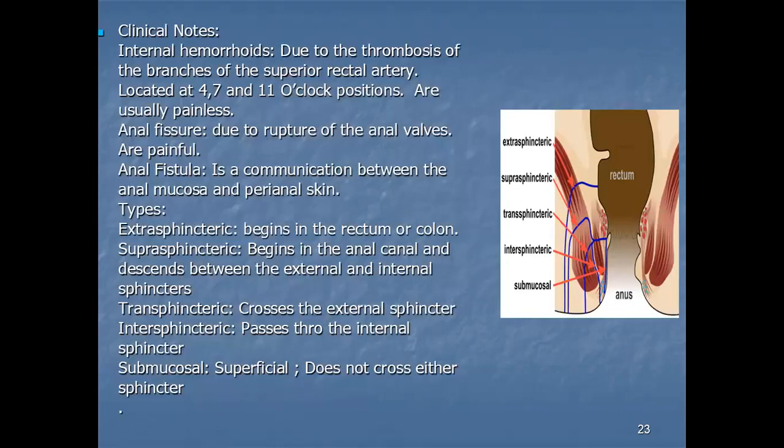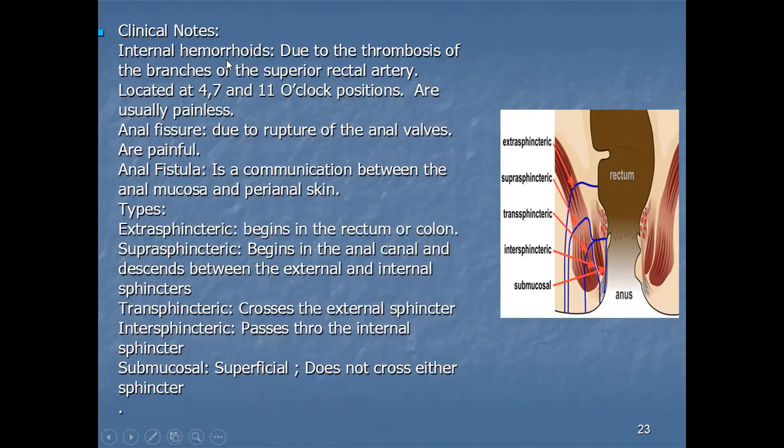Now coming to some details about this. Due to thrombosis of the branches of the superior rectal artery, these are usually present at the 4, 7, and 11 o'clock positions. If the person lies down, it is just like a clock because the opening is round. So depending on where it is present, it is described as 4 o'clock, 7 o'clock, or 11 o'clock.